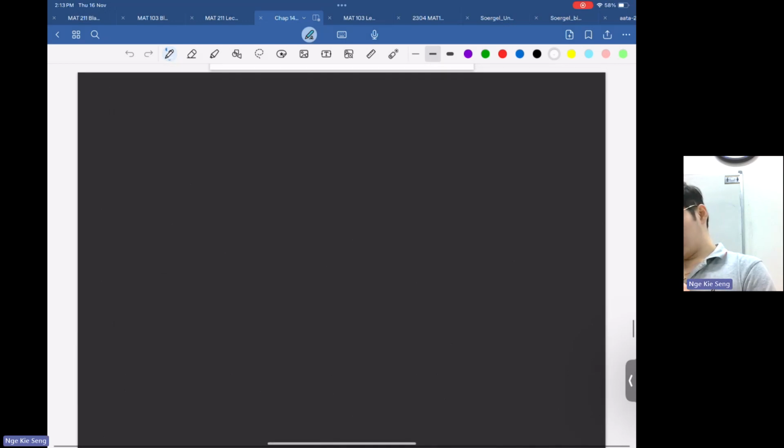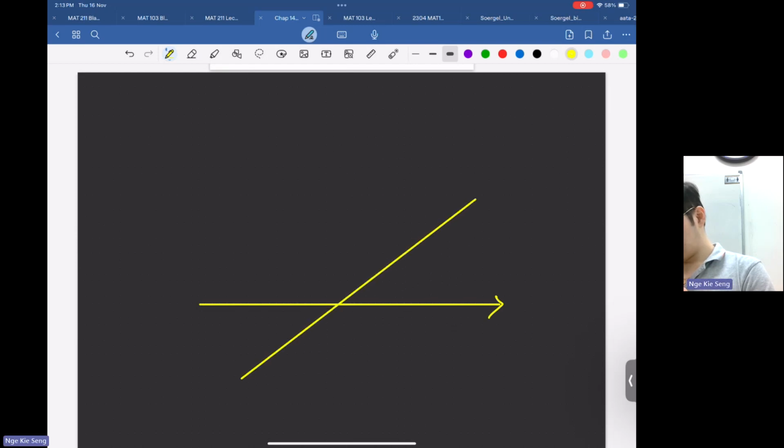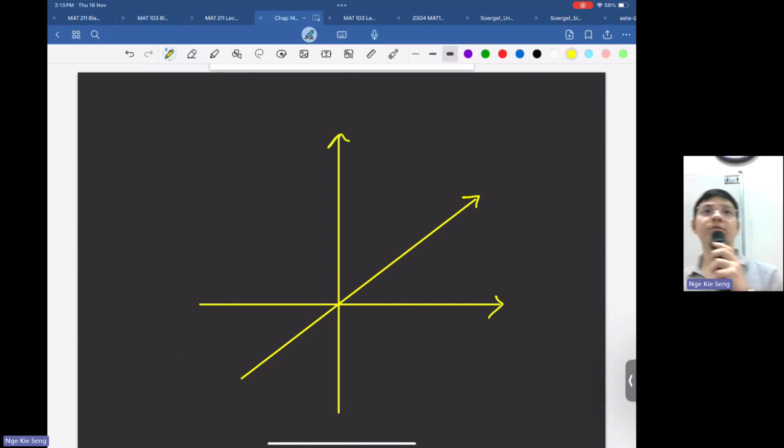Okay, what diagram you want? Let us draw a circle. Can we have something not symmetric? A surface that's not symmetric.